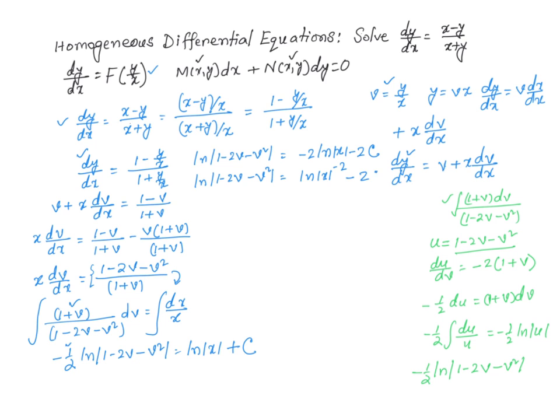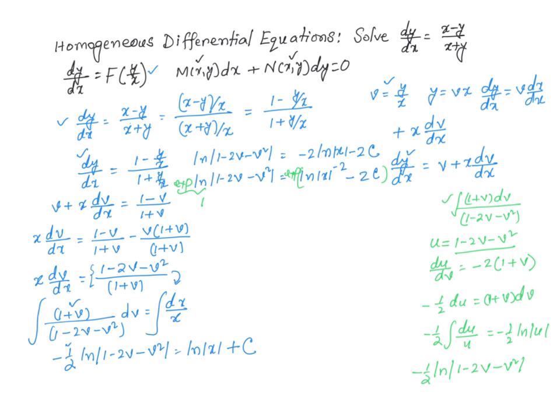minus 2c. Now if I apply exponential to both sides, the exponential function and natural log are inverses of each other. So if I apply exp to this side and exp to that side, on the left hand side, exponential and natural log are going to cancel each other.